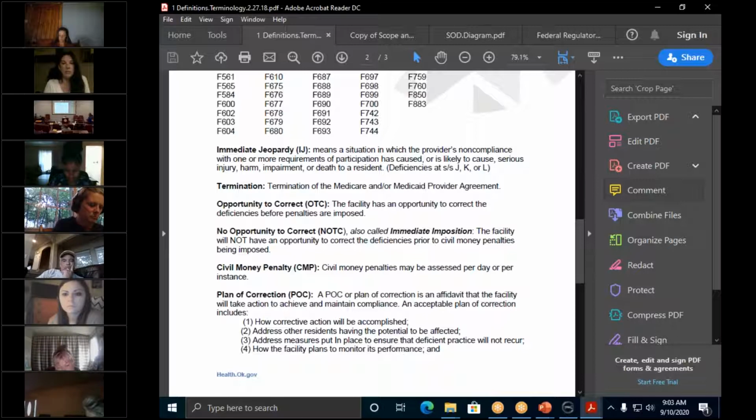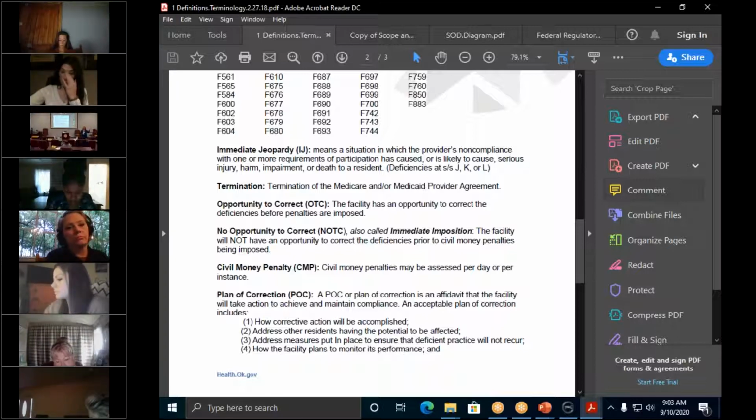They were like, the surveyor cited it at an H, and maybe we can support it at a G sometimes. But sometimes they will do the calculations themselves and make recommendations.